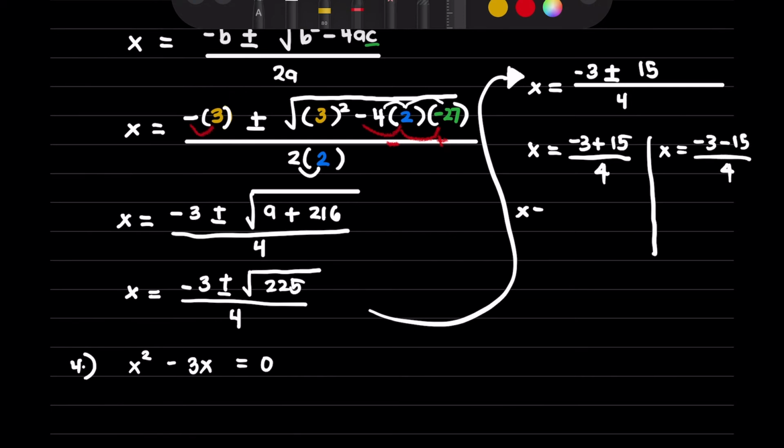So solve natin. Unlike sign sila, kaya subtract. So, subtract natin si 15 at saka si 3. So, that is 12. Ang magiging sign ng 12 is positive dahil mas malaki si 15. So, 12 divided by 4, x is equal to 3.